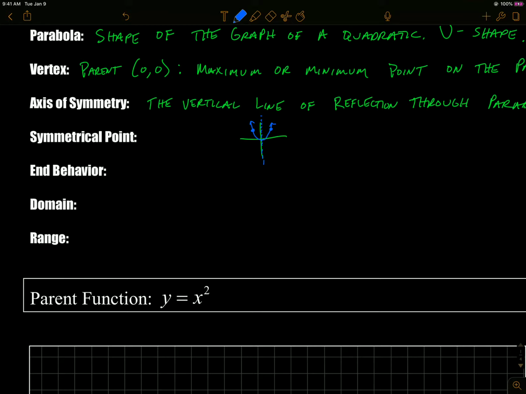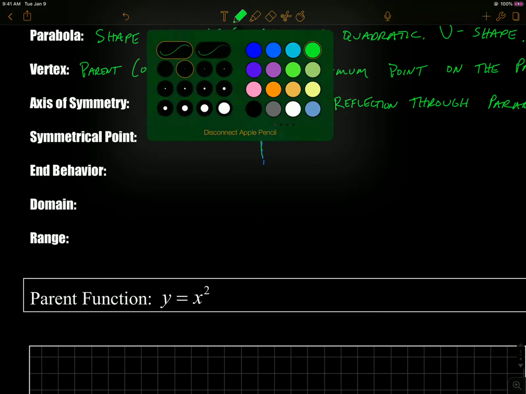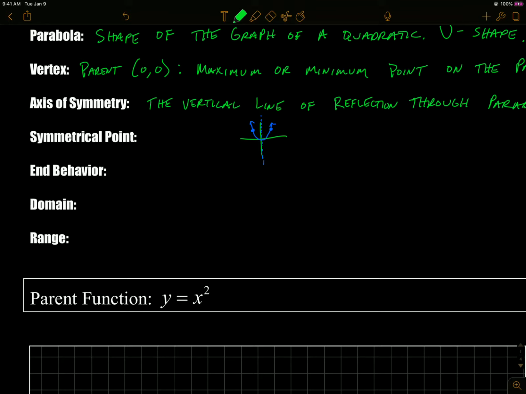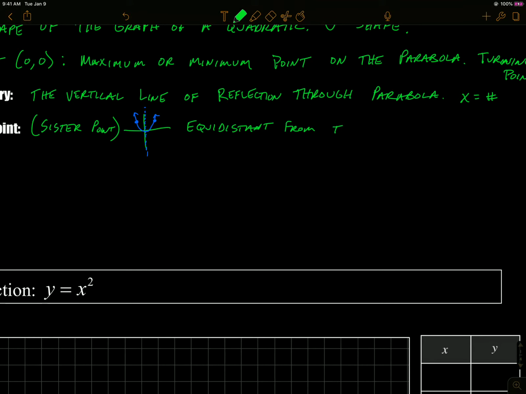Once you get one on one side, you can graph the symmetrical point. We'll define that as the mirror image. I like sister point. It's on the other side of the graph, and it's equidistant from the reflection line, the axis of symmetry.